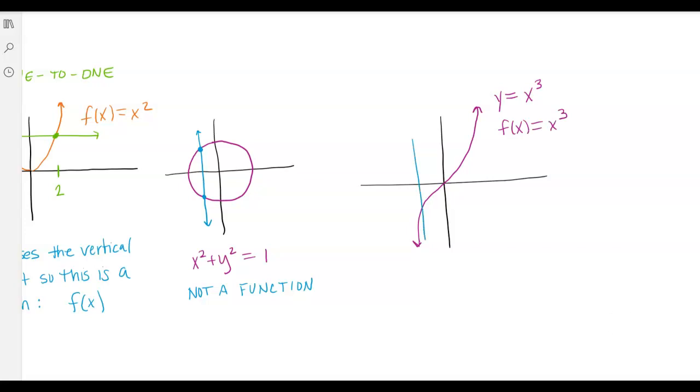I can draw a vertical line anywhere and get an intersection in one single point. But then it also passes the horizontal line test. I can draw a horizontal line anywhere and get an intersection point in only one place. So this is a function. And it also is one-to-one.